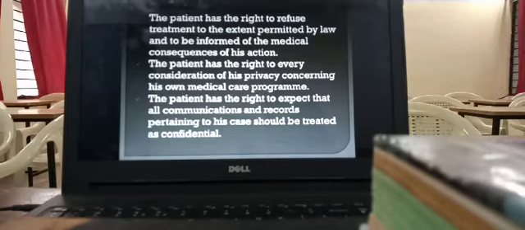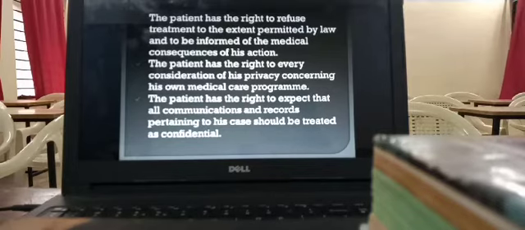The patient has the right to expect that all communications and records pertaining to his case should be treated as confidential. Not every patient who visits the hospital wants to maintain confidentiality, but most of them want the professionals to maintain confidentiality.